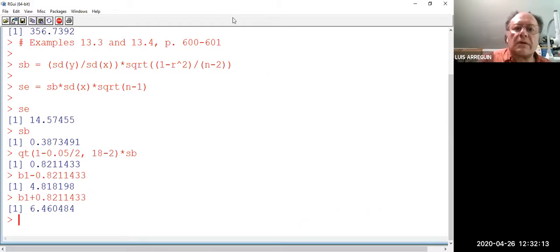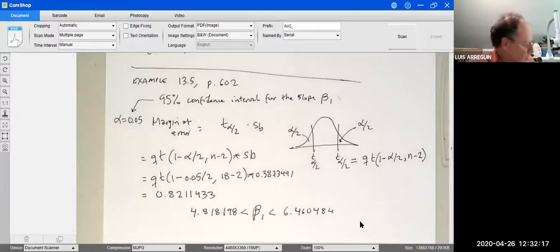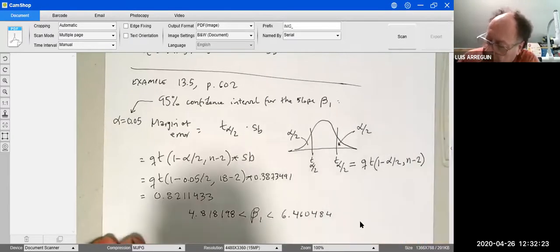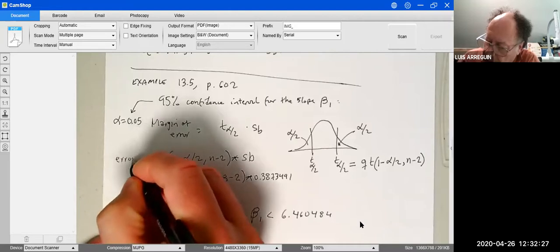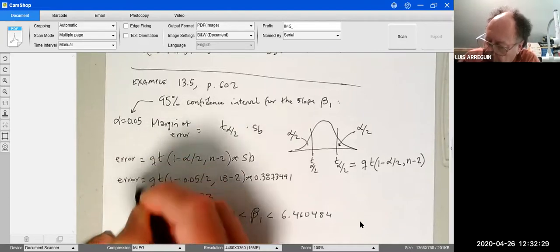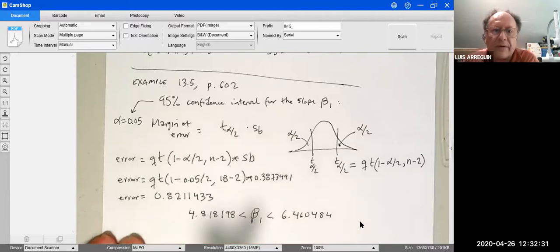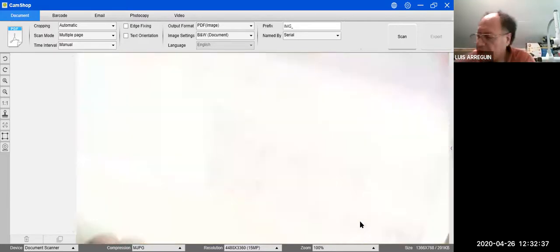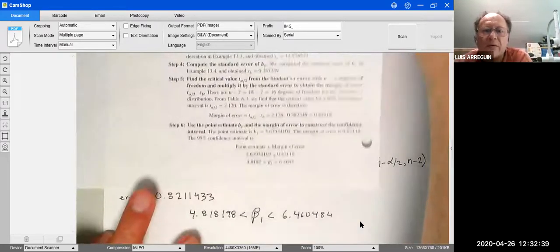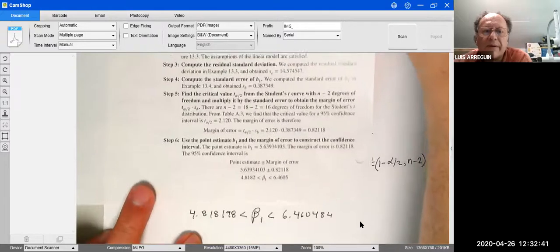Let me show you the notes, and then we're going to compare with the result that is in our book. So we have there the margin of error. We can compare now our answer with the one that is in the book.